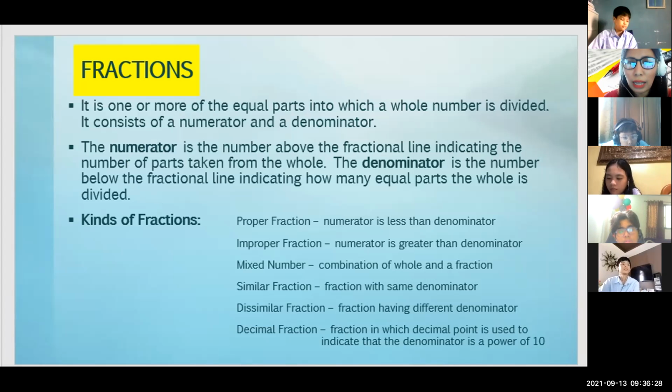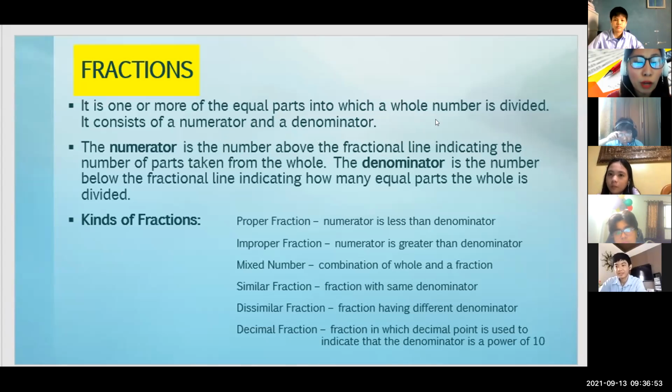Okay, thank you, Nathan, for that. So when we say fraction, it represents a numerical value. It says here, one or more of the equal parts into which a whole number is divided. So basically, we define fraction as part of a whole.